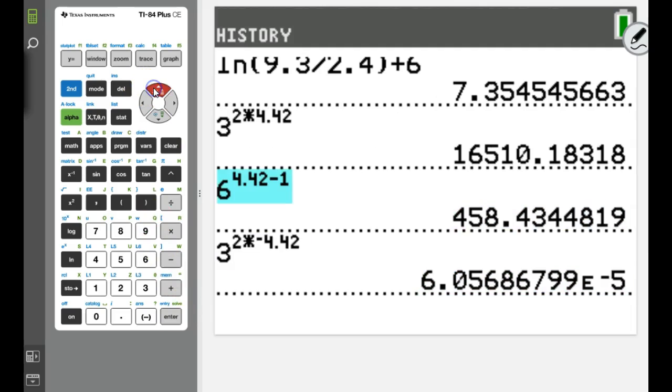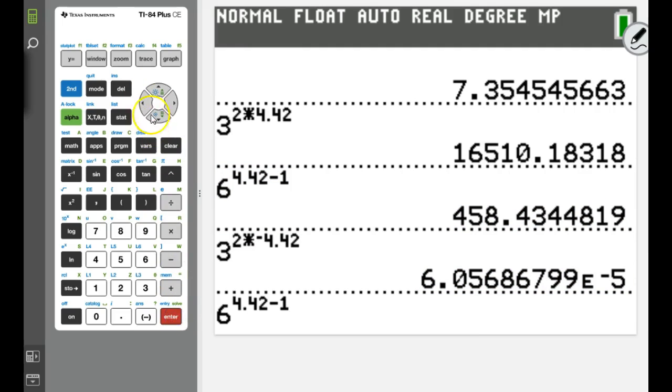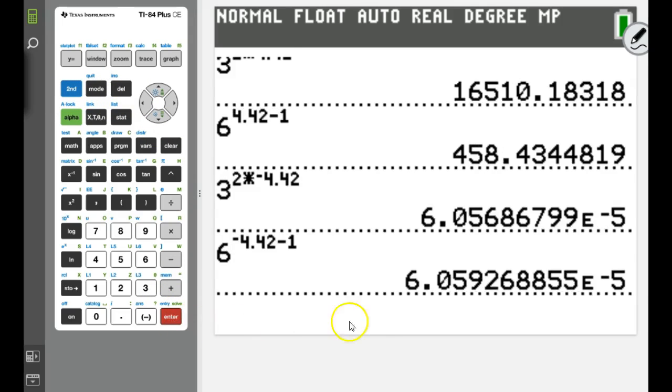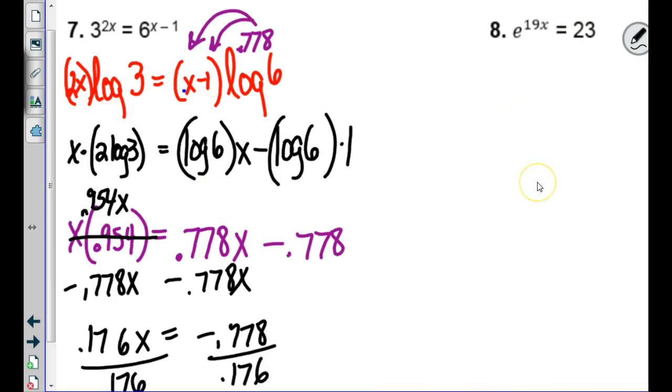I go back and get this one, and I type it as a negative. Now are they closer to the same? That was a half hour of our life we'll never get back. It does check, okay? They should be very close together. Whew.